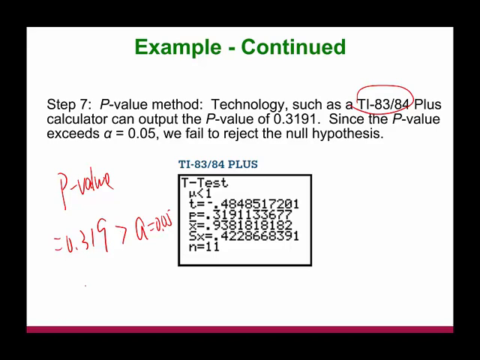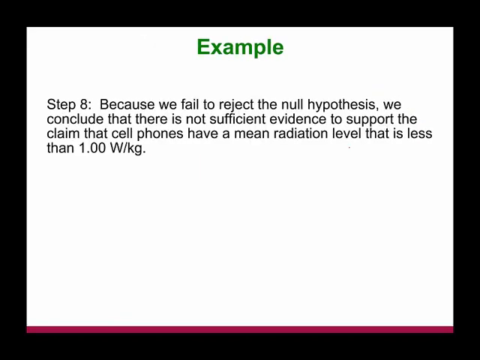Much more likely, so fail to reject H0. H0 is the null hypothesis. Because we failed to reject the null hypothesis, we conclude there is not sufficient evidence to support a claim that cell phone has a mean radiation level that's less than 1.00 watt per kilogram.